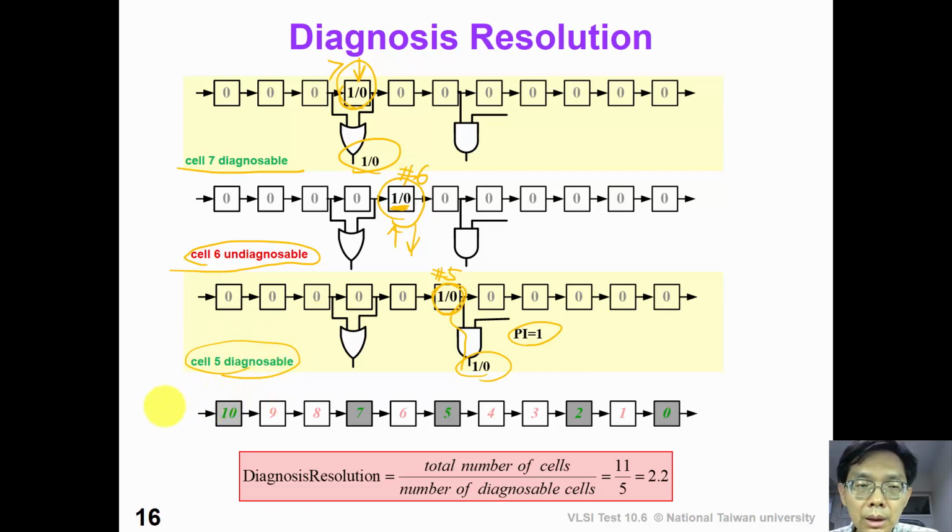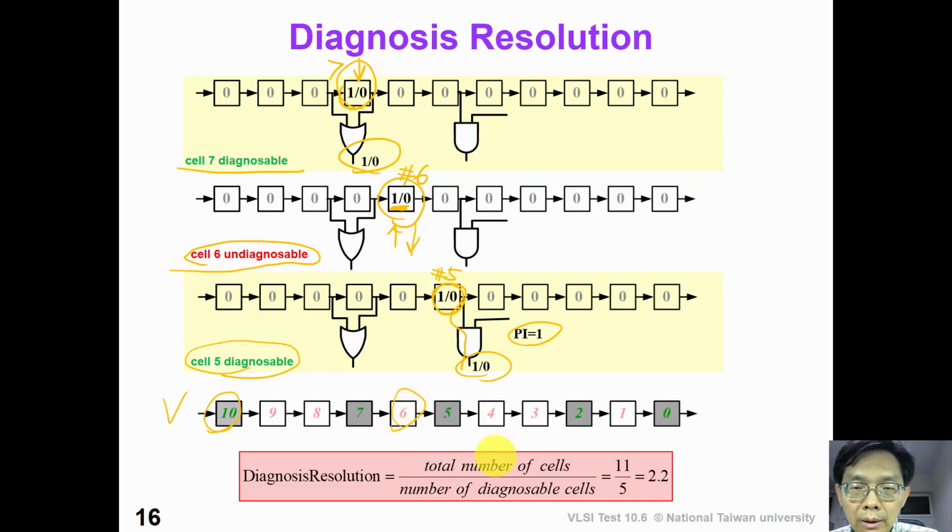In summary, in this faulty scan chain, some of the scan cells are diagnosable. We can successfully generate test patterns. For the other cells, we cannot generate ATPG patterns.